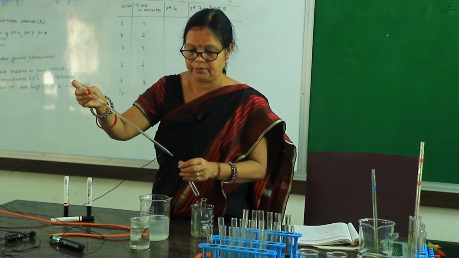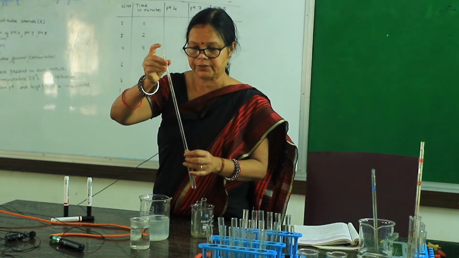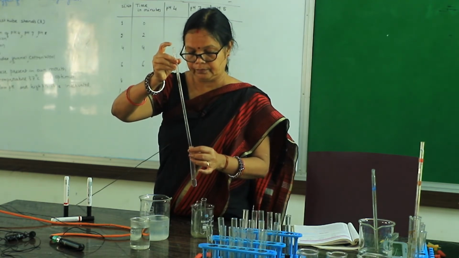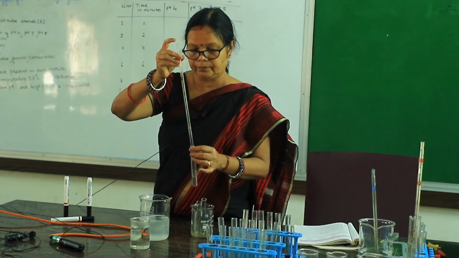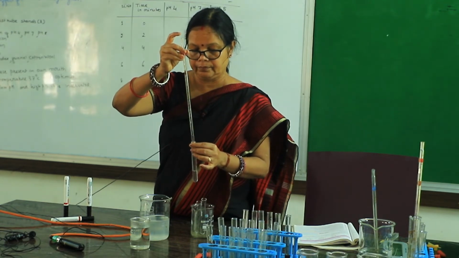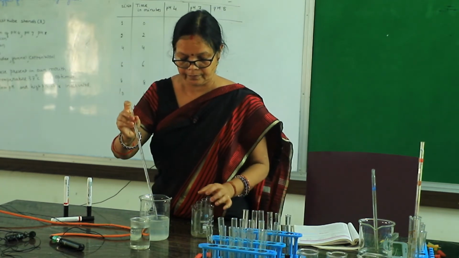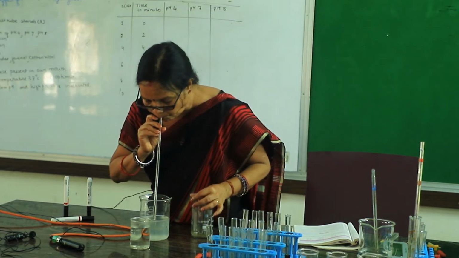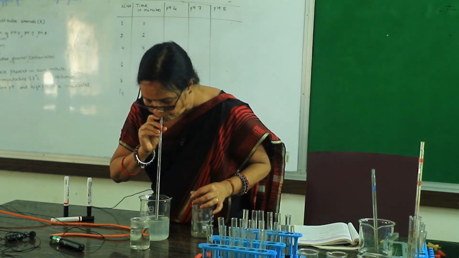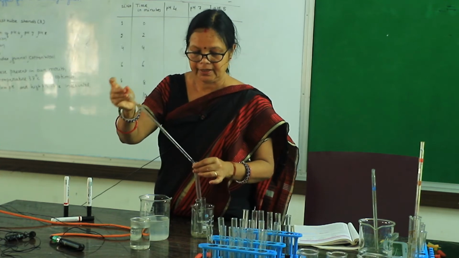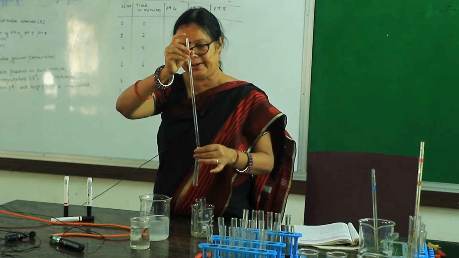This is pH 4, add 5 milliliter starch, and 5 milliliter in the pH 7 test tube.